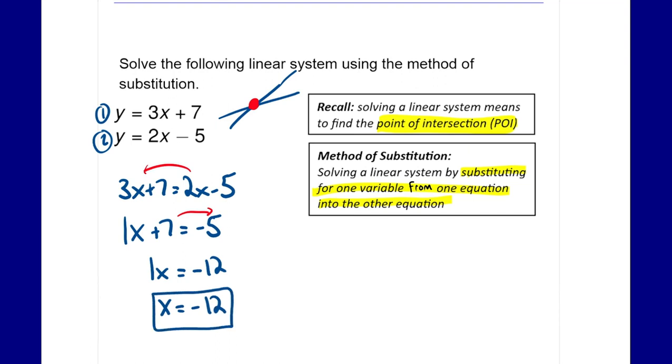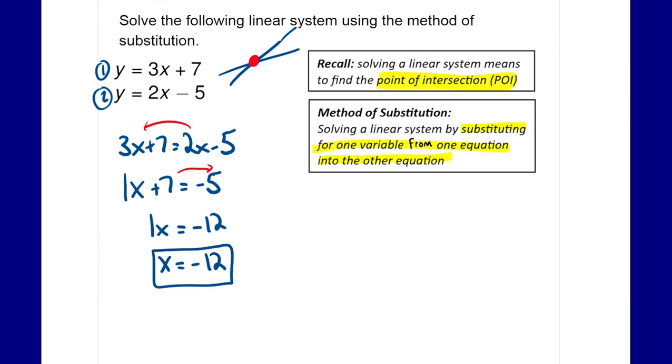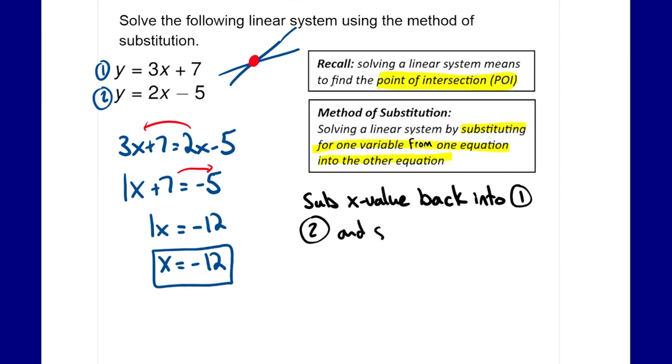Now that I have my x value, I need to find my y value. And to find the y value, all we're going to do is sub the x value back into either equation 1 or equation 2 and solve for y.